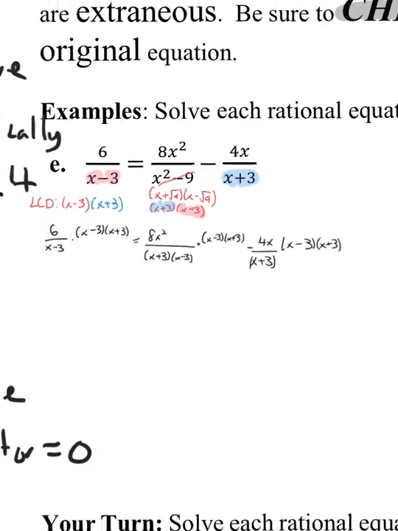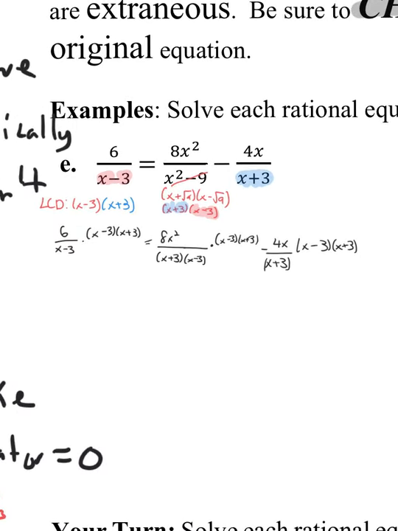So there's a lot to write down there, but I should be able to cross some things off. I have an x minus 3 in the first term. In the second term, I actually cross it all off. That's kind of nice. And in the third one, I'm getting rid of an x plus 3. So now let's go ahead and rewrite it. 6 times x plus 3 equals 8x squared minus 4x times x minus 3.